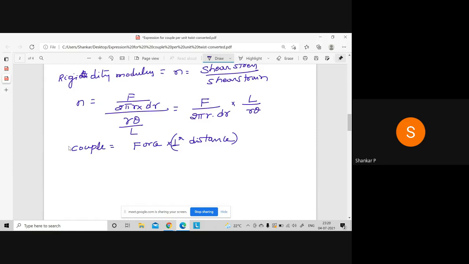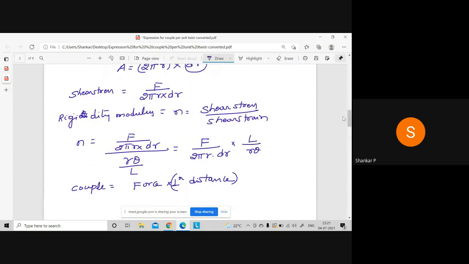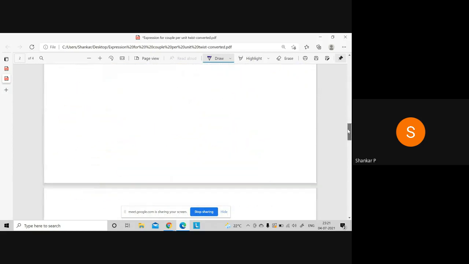In this case we are calculating the couple acting on this cylindrical layer, so the distance we are considering is the radius of that cylindrical layer, which is nothing but small r. And the force acting on that we can simplify from this equation.